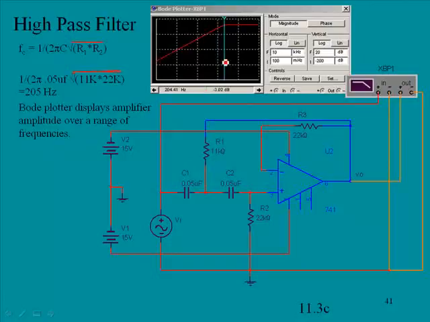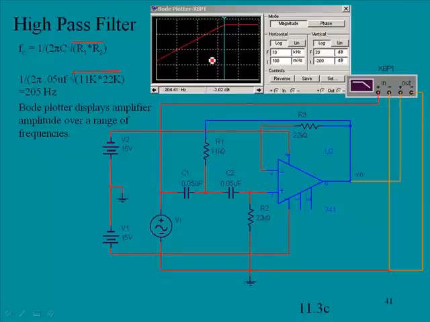And you can see I have stopped this simulation at this point, and you see this blue line, and you'll notice that the blue line, we're down 3 dB. Actually, that is the 70.7% value, and we're at a frequency of 204 hertz, and you'll note that our calculated value was 205. But this is an excellent tool to assist you in looking at the output of filters.